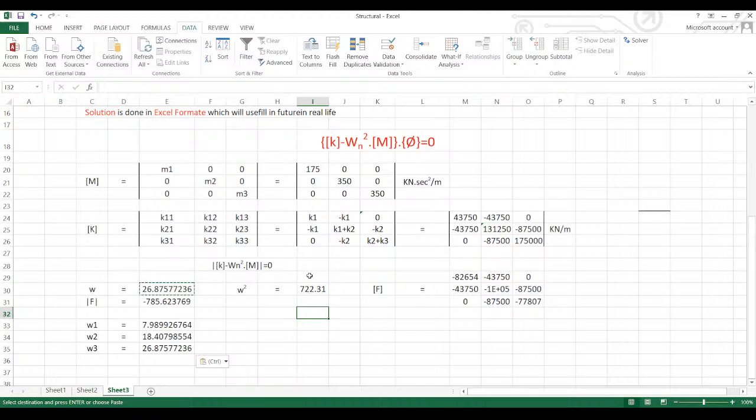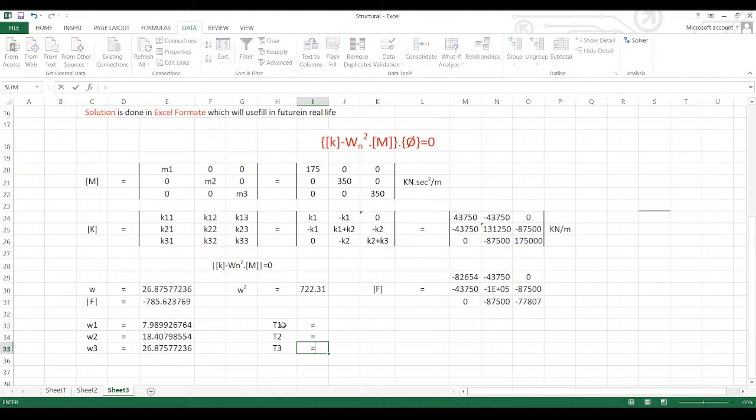Now we also have to find the time period T. We have calculated this and their equation solving, and we have to also calculate the time period, that is T1, T2, T3.